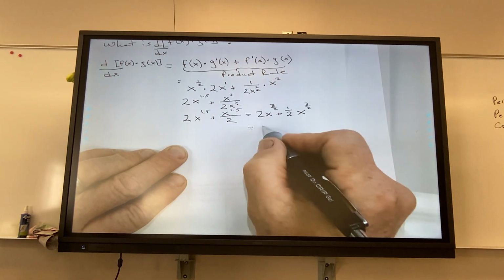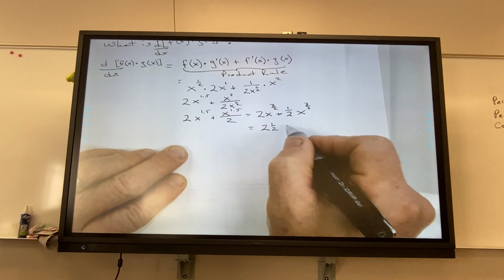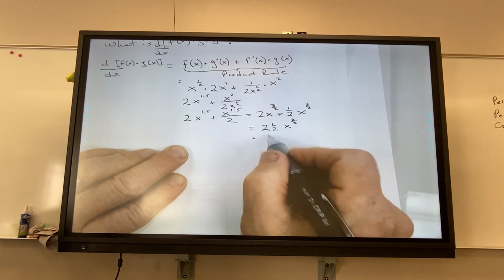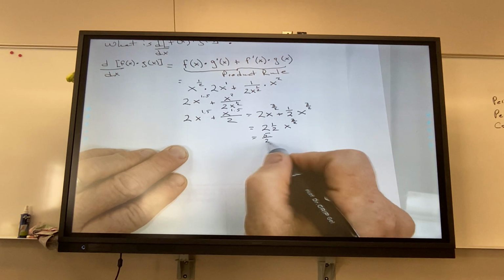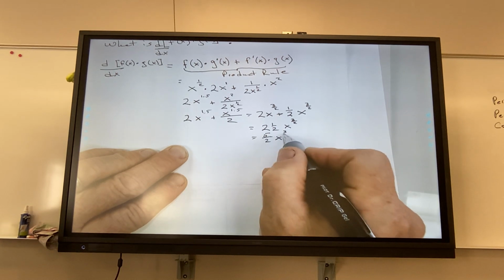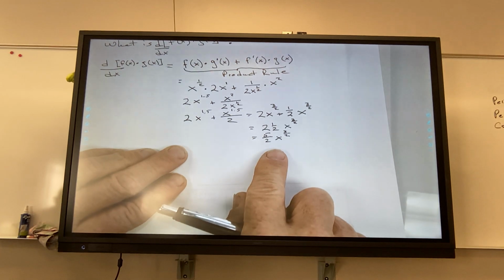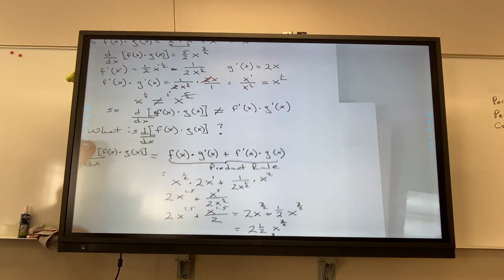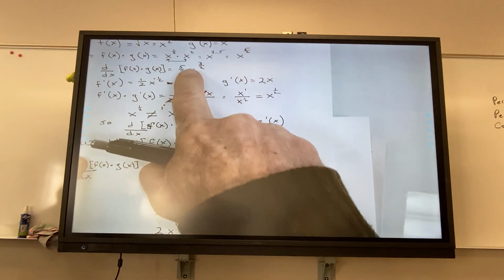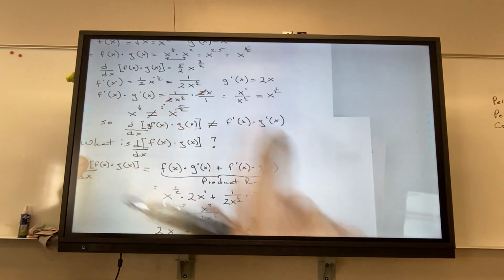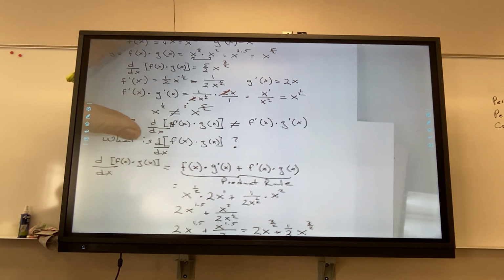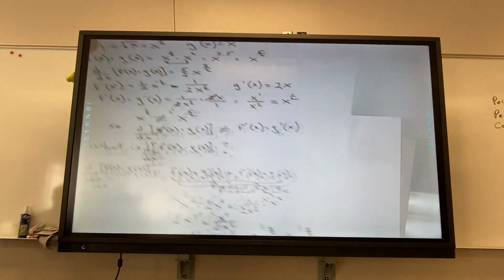And now I have 2.5 times x to the 3/2. Well, this is the same as 5/2 x to the 3/2, which was our answer right here. I'm completely confused because my paper is now a mess. Don't worry, we're going to summarize it on the other side. Yay. Okay?